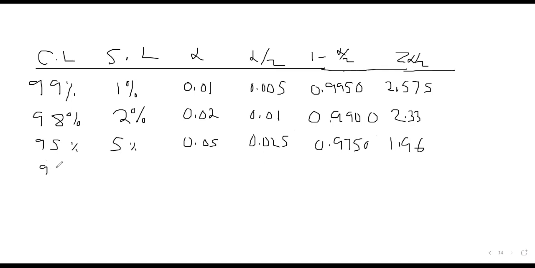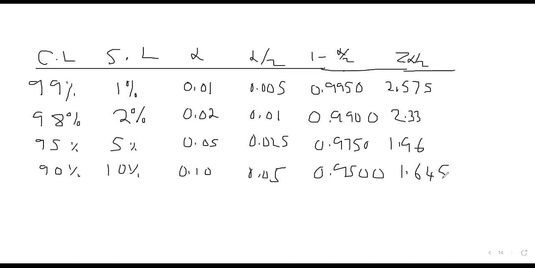Same for 90%. The difference from 100 is 10%. Divided by 100, you get 0.10. Then divided by 2, you get 0.05. And when you subtract from 1, you get 0.950. Then here you get 1.645, 1.65.